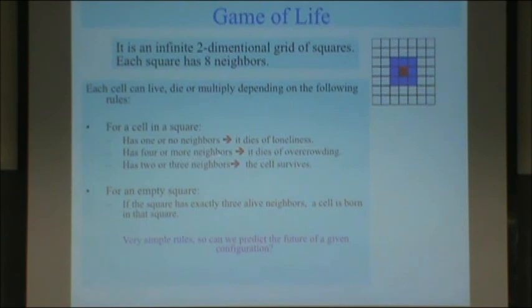If it has 4 or more neighbors, it dies of overcrowding. If it has 2 or 3 neighbors, it survives. Those rules may vary depending on which version you run into, but these are the most popular. And if you start with an empty square, if the square has exactly 3 alike neighbors, a cell is born in this square. Very simple rules. Again, not hard to remember them, not hard to apply them. So let's see if we can predict the future of a given configuration.